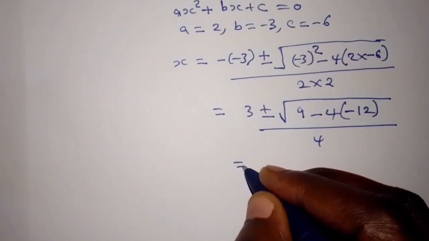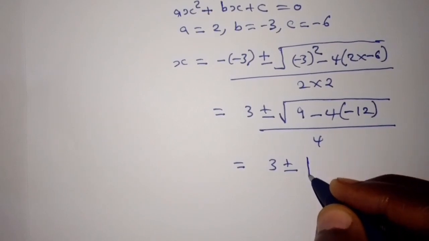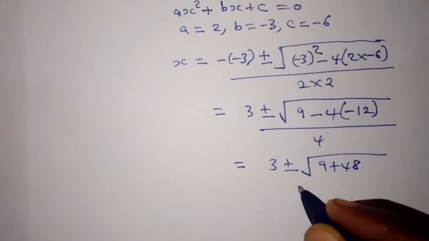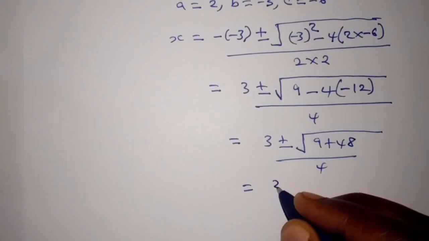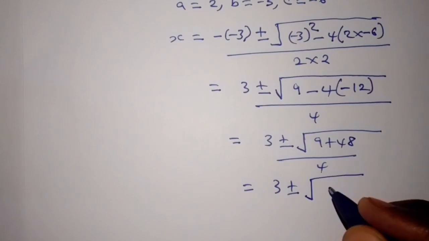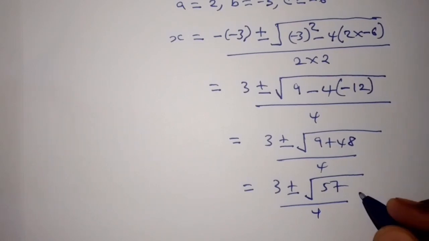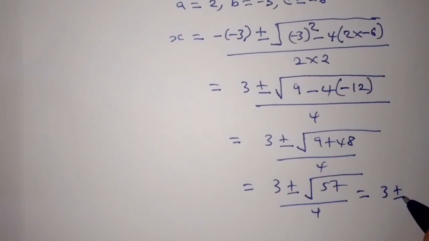This is giving us 3 ± the square root of (9 + 48) over 4, which is giving us 3 ± the square root of 57 over 4, which is giving us 3 ± 7.55 over 4.